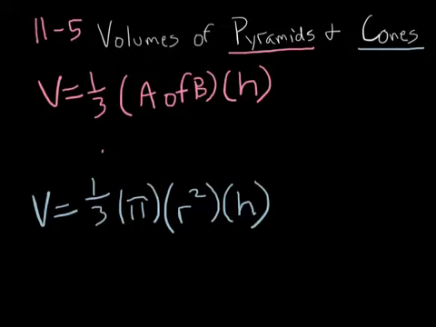The only difference is these are multiplied by 1/3, and that has to do with the slant of the pyramid and the slant of the cone. So on the next couple slides, we're going to do some quick examples, and then from there we will be ready for class tomorrow.